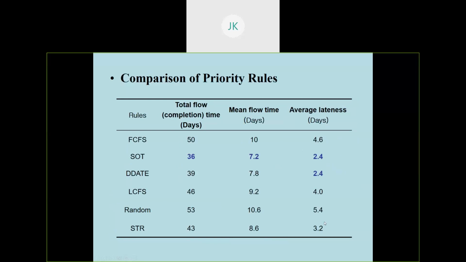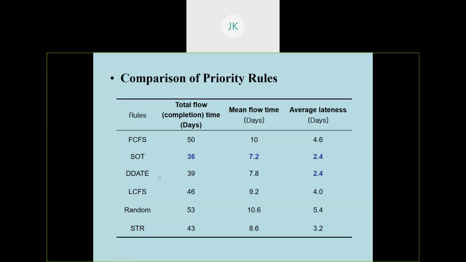Compare those rules. The SOT rule has the shortest total flow time, and of course the shortest mean flow time, and the shortest average lateness, tied with the due date rule. In the real world, usually we use first come first served or due date.